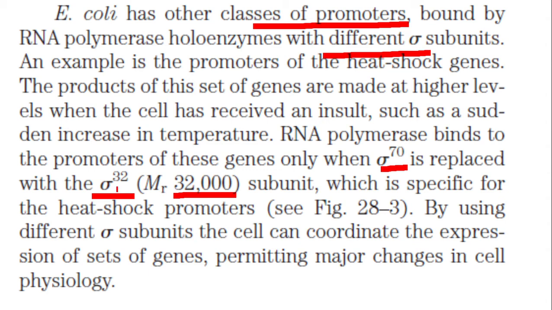For example, this sigma 32 is known to identify the promoters of heat shock proteins, HSP. Heat shock proteins are proteins in the body of some organisms which can sense temperature changes in the body and which can respond accordingly.